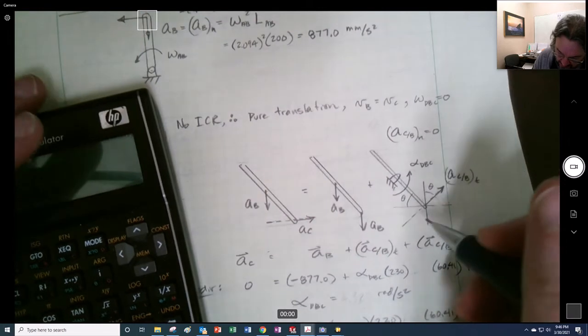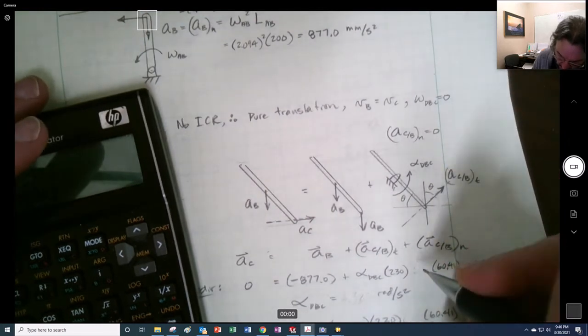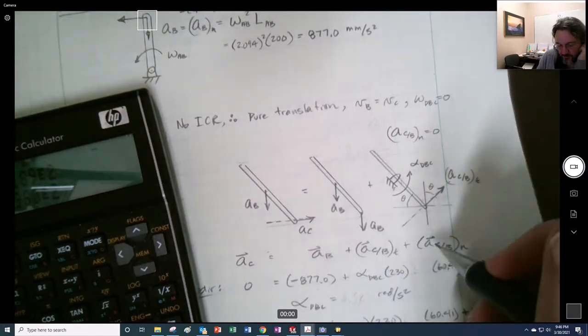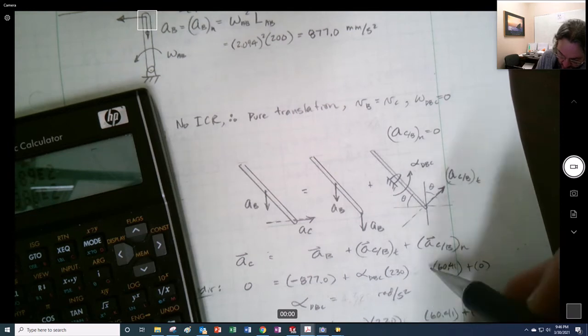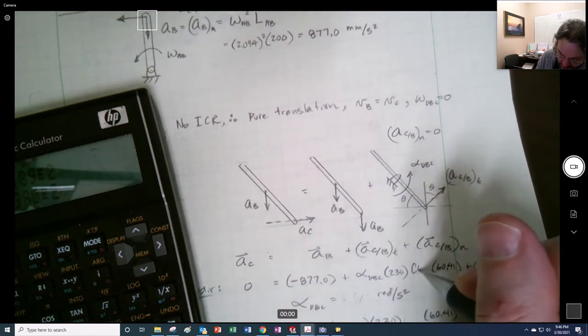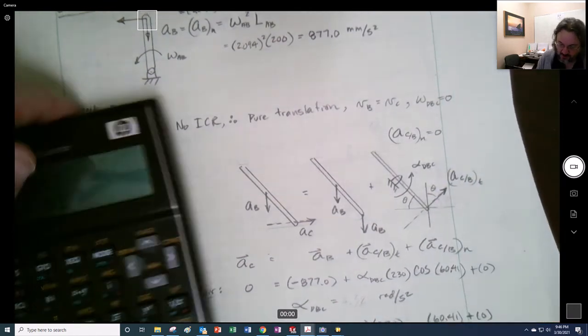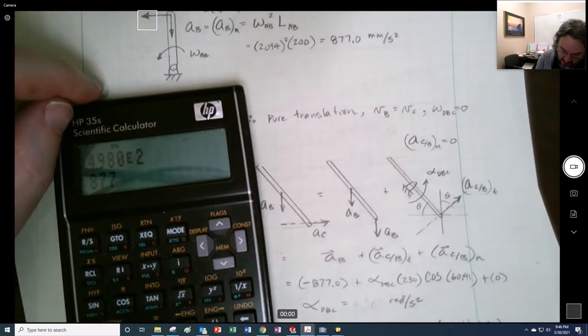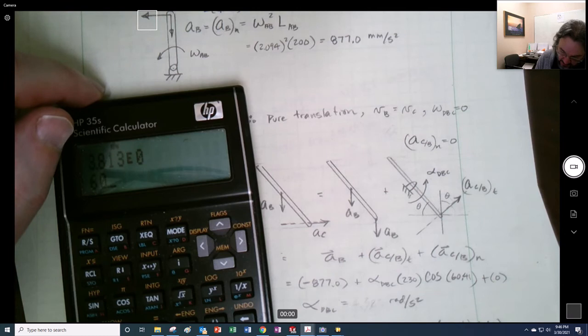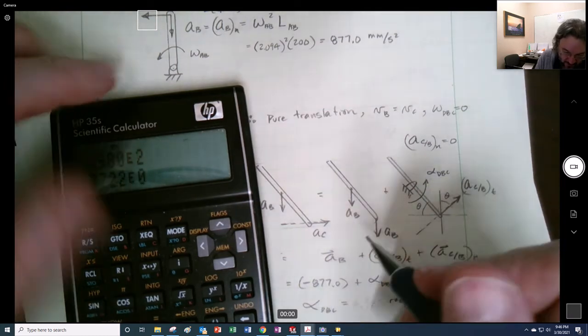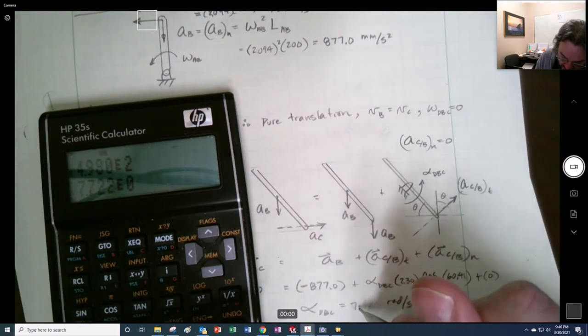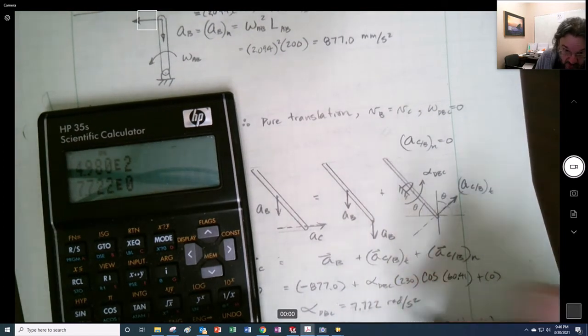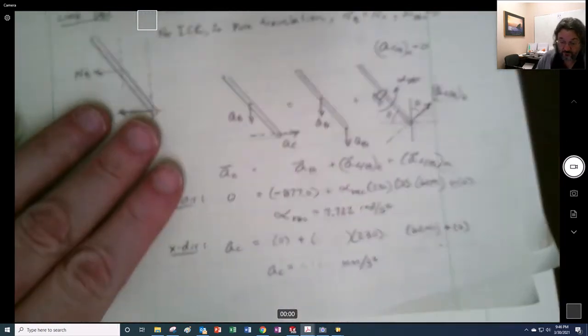And so I'm going to double check this. Okay, this is going to be in the y direction, so it's the cosine. All right, so we have 877 divided by 230 and 60.41, and take the cosine and divide it. All right, so what I'm left with is 7.722, right?